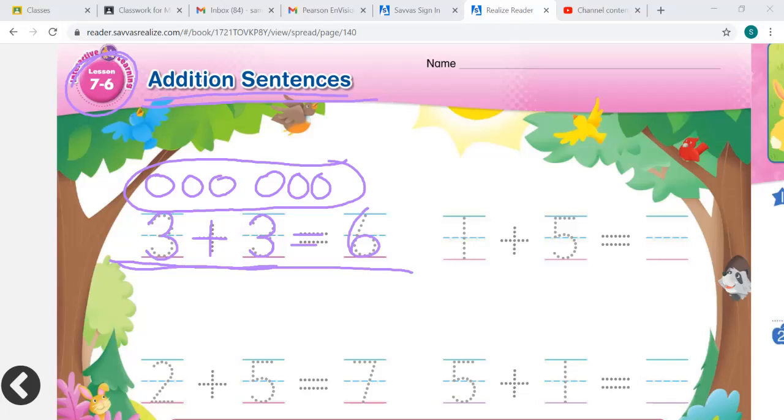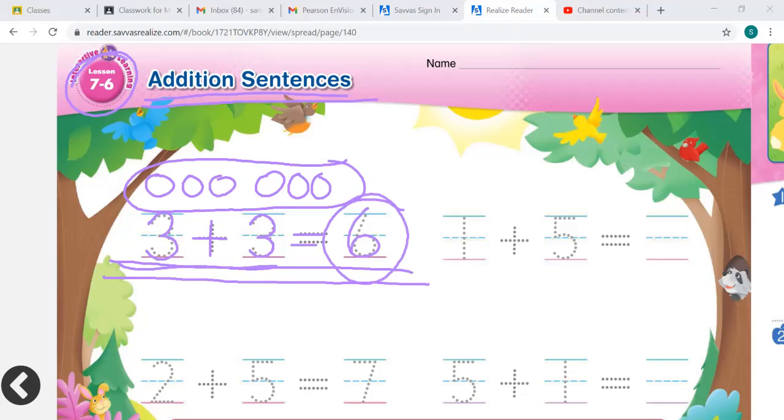So this is an addition sentence. All right. So the sum is the total, or it tells us how many in all. So that is 6. 3 and 3 are 2 parts of 6.